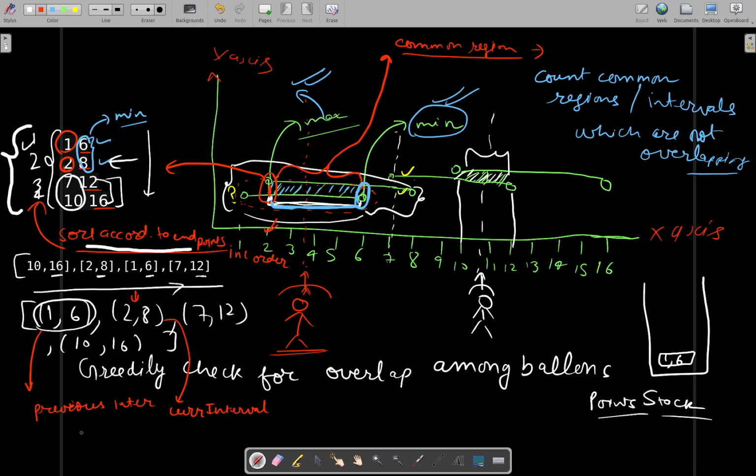So the condition of overlap is that previous end should be greater than or equal to current start. Only then there will be an overlap. This is the condition for overlap.